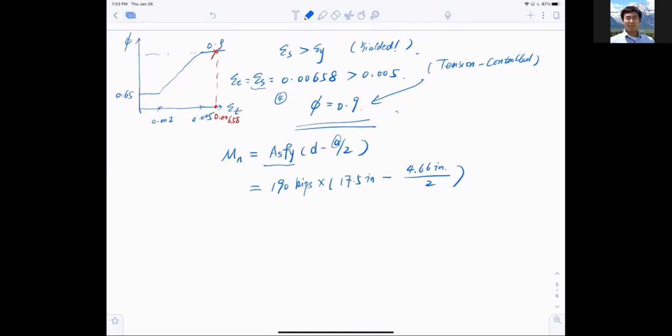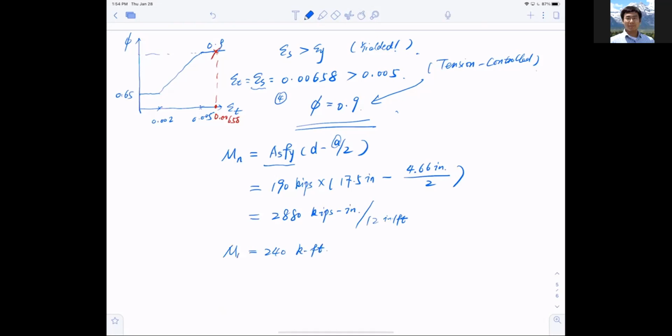And you calculate this out and you got 2,880 kip-inch. That looks like a pretty good number, but I want to convert it. I want to convert it with 12 inch per foot, back to foot. So I got this number to be 240 kip-foot.